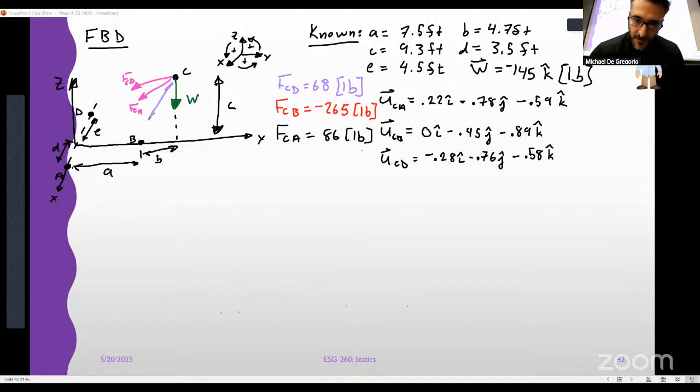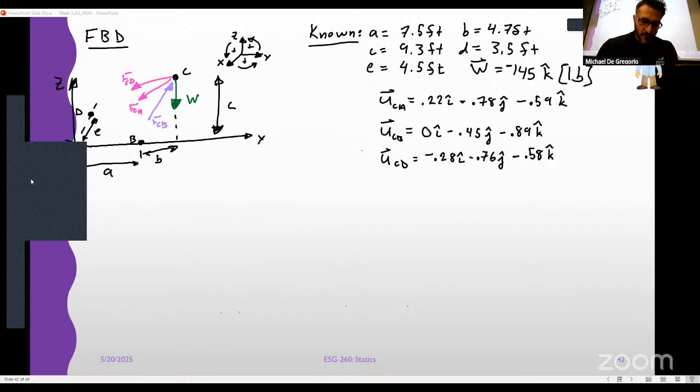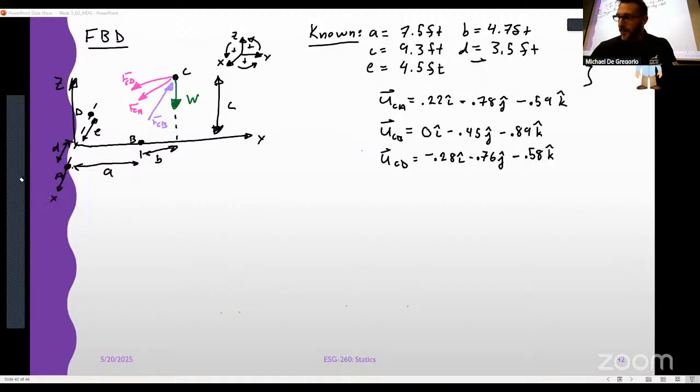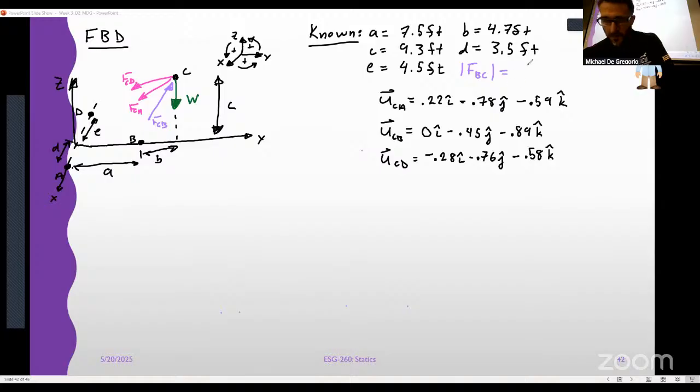This is in compression now, right? Or FBC. So I'm going to erase these forces. And our new knowns here, we don't know the weight anymore, but we know the magnitude of FBC is equal to, what was it, 695 pounds.